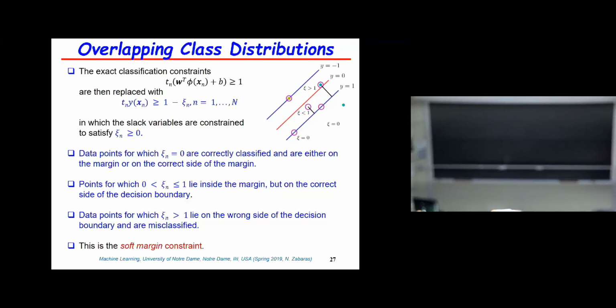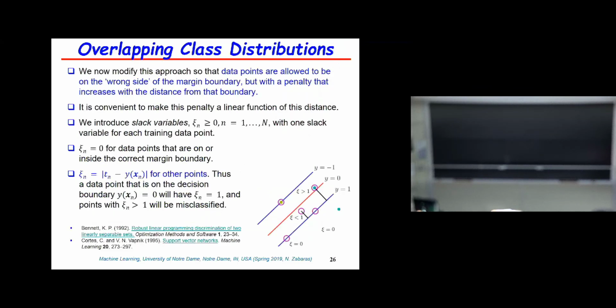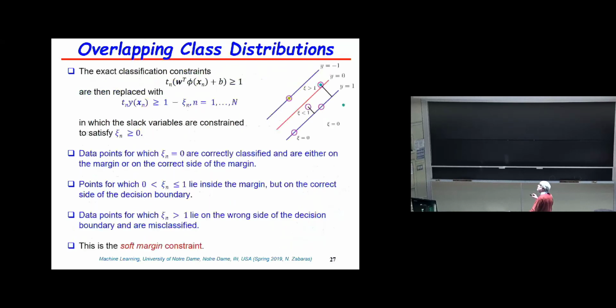Can you see that? So we have replaced this strict condition with this equation, where the only assumption we make is that the distance ξn is greater or equal to 0. And again, this is my definition here. So ξn is basically an estimation of the error that I make from the label tn versus the prediction y of xn.